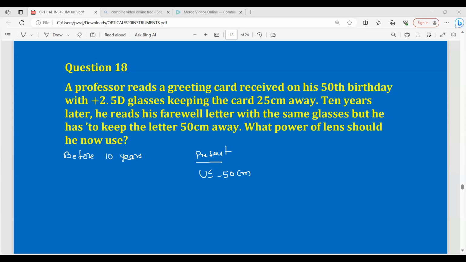The focal length has already come. Then and now he used the same glass. What is the focal length? This is 2.5, the lens power. So what is the focal length then? If the power is 2.5 diopters, 100/2.5, how much will it be? 40 centimeters. The focal length will be 40 centimeters. But here he uses the glass with power 2.5 diopter, and how much problem is he having? Minus 2.5 diopter power only, na? So you can write here, focal length can be taken as minus 40 centimeters.